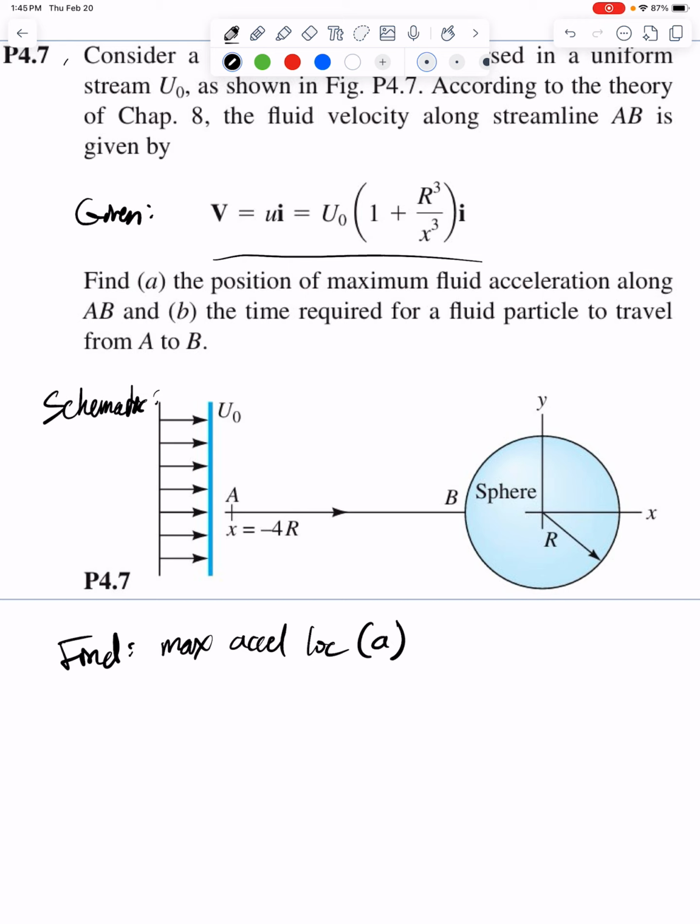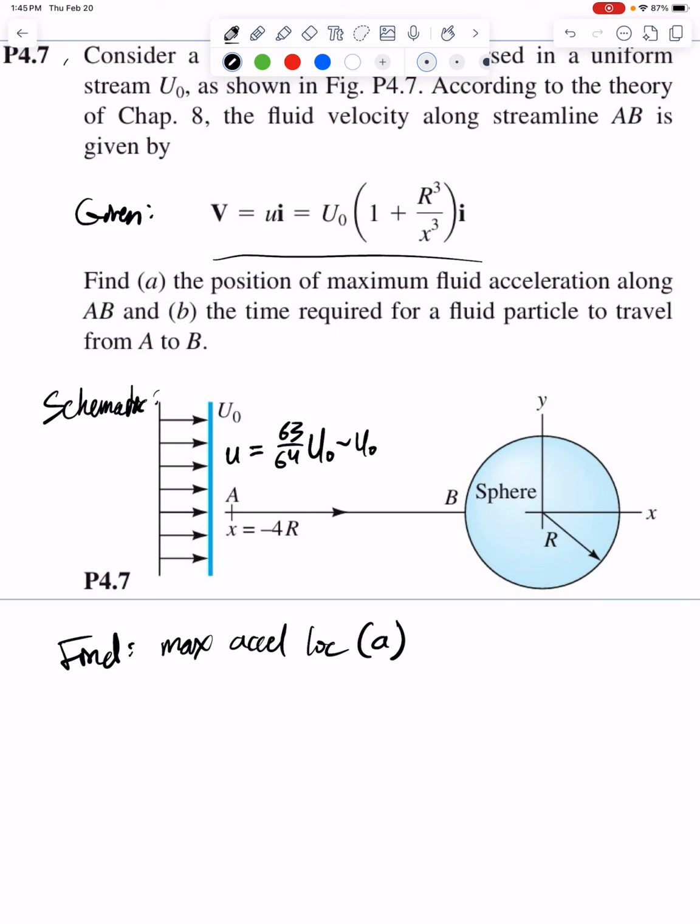At this location, if I plug this x value into my formula, I would see that the corresponding horizontal velocity at negative 4r is equal to 63 over 64 times the initial free stream velocity. And this is like 98, 99% of the free stream, so it's basically the same thing as the free stream itself, 3 radii upstream from the sphere surface.